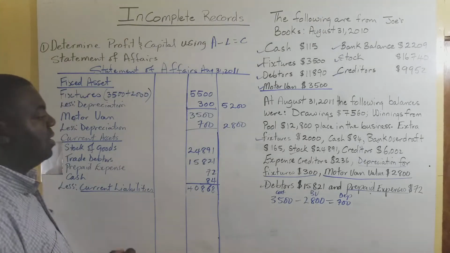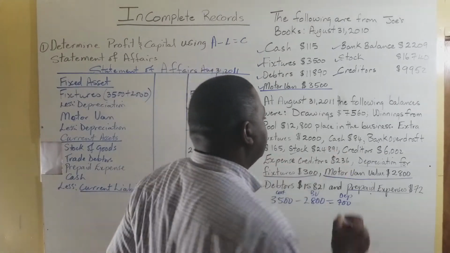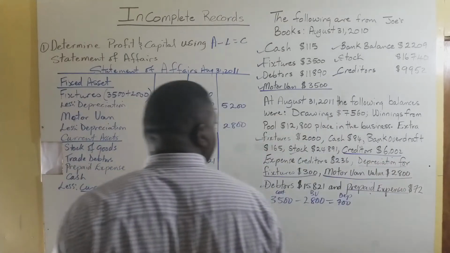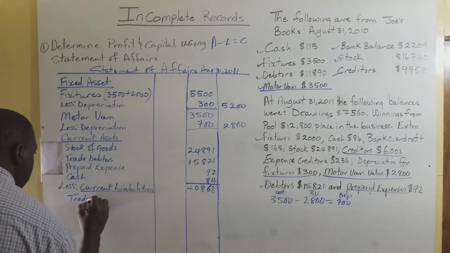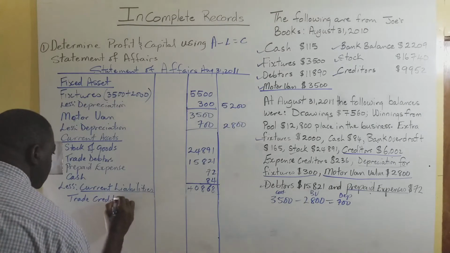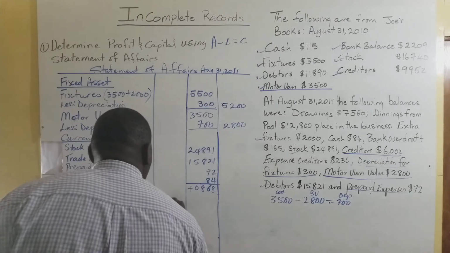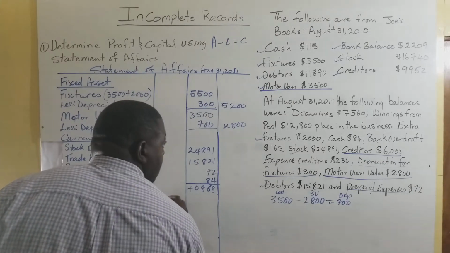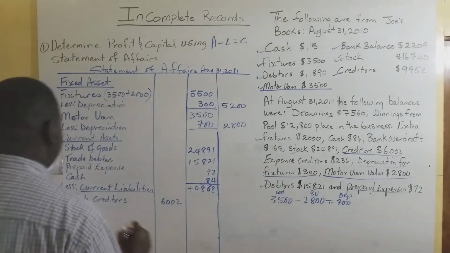And we're starting with our creditors. Our trade creditors figure is 6,002, and we also have expense creditors.